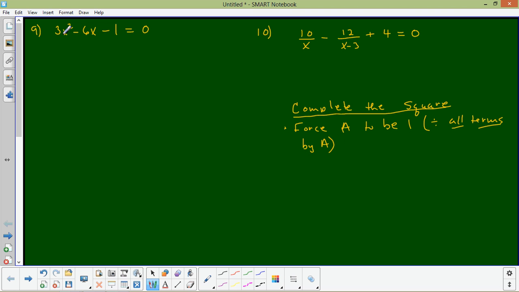And so what that's going to look like here is we're going to divide every term, even the 0 side, by 3. And so what that sets us up for, right, is it gives us an x squared minus a 2x minus a 1/3 equals a 0, of course.